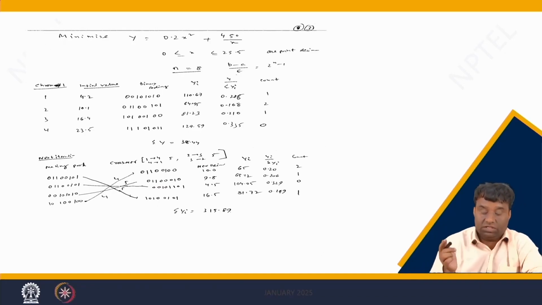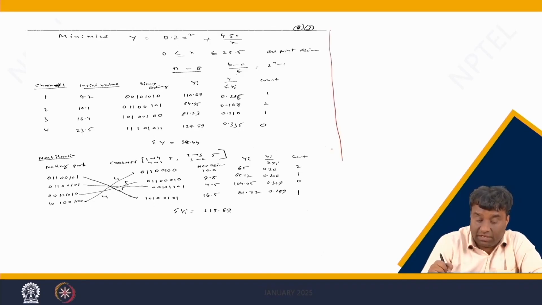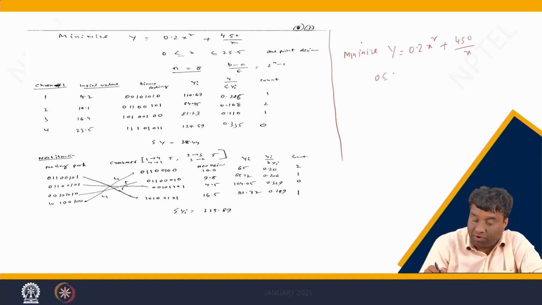So here the question is that we want to solve a minimization problem. Minimize y equal to 0.2 x square plus 450 by x, where x is a decimal point between 0 and 25.5, with one decimal. So here epsilon equal to 1 by 10.